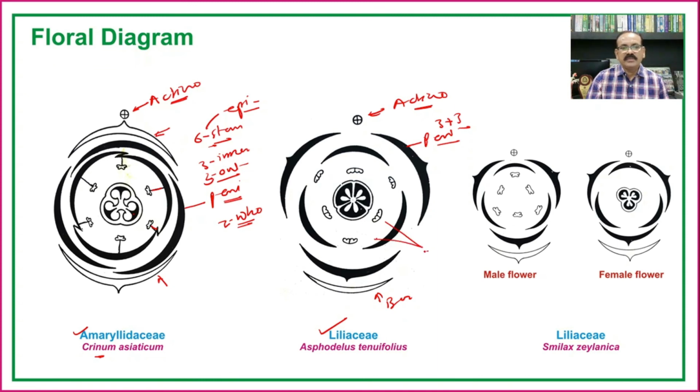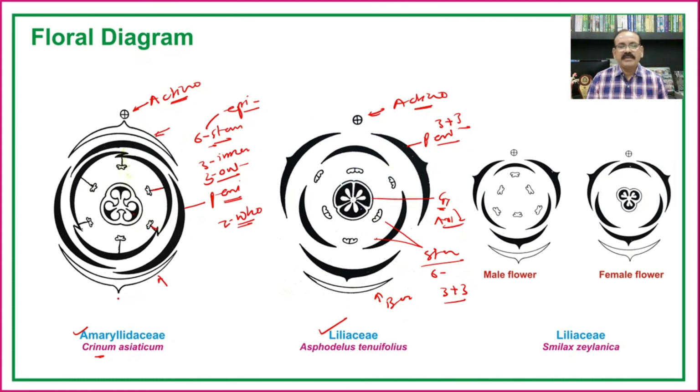Again there are 6 stamens, 3 outer and 3 inner, and the gynoecium is present in the form of a tricarpellary ovary, that is 3 locules, trilocular, and 2 ovules per locule with the axile type of placentation.